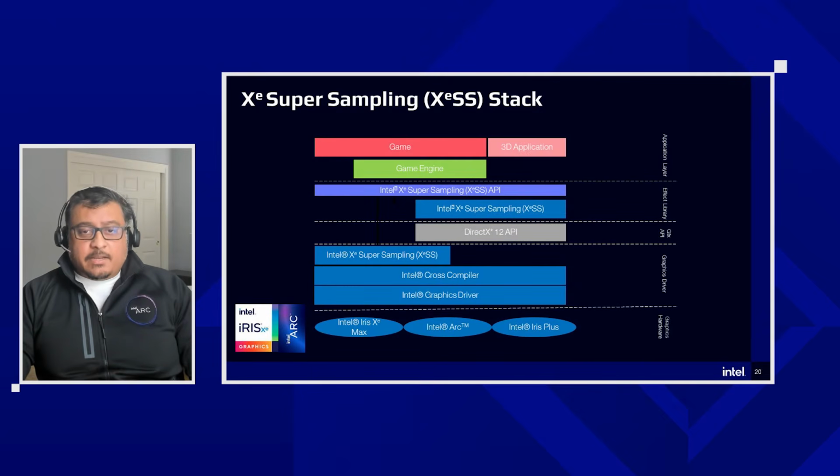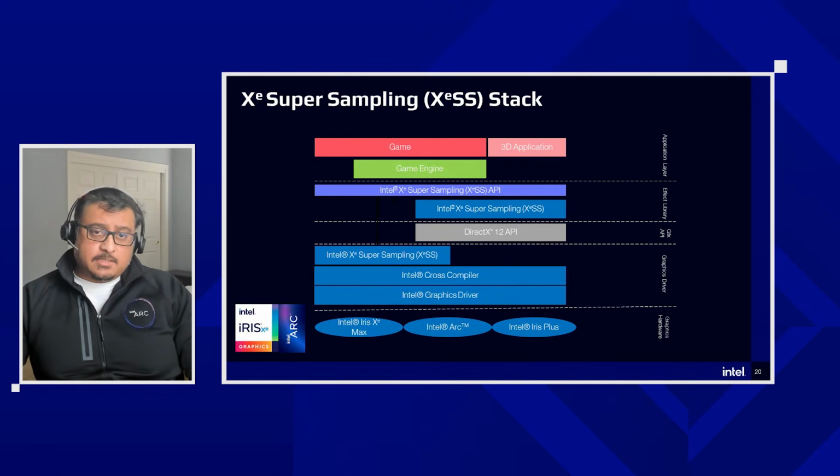And a little bit deeper dive: how does it look on the Intel stack? These are the main blocks that accelerate XeSS. You start from the game, which interfaces with your SDK API. Here I'm showing the Intel XeSS API.